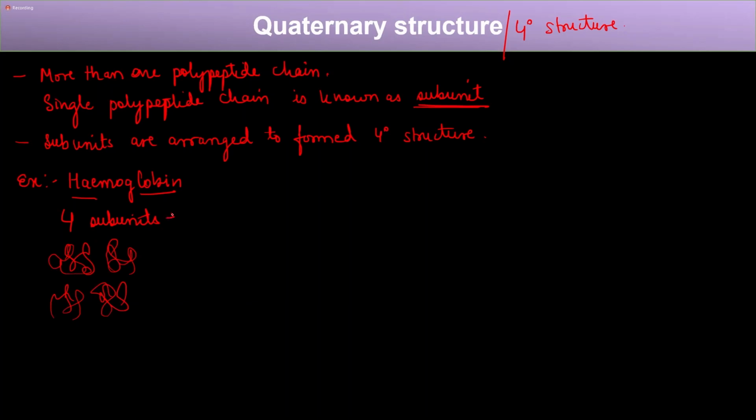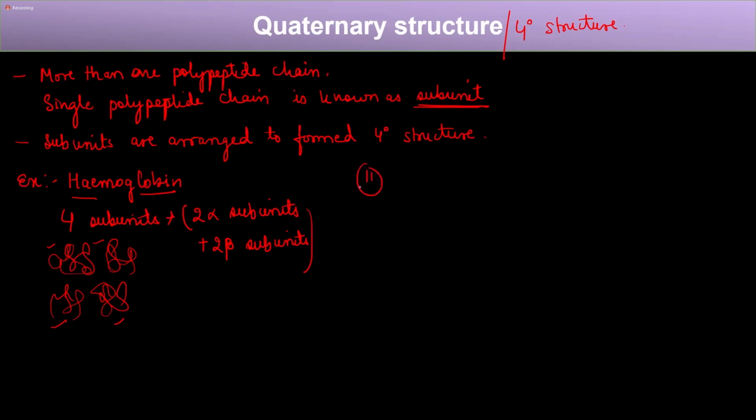Now, these 4 subunits are further named. Two of these subunits are called alpha subunits, and the other two are beta subunits. So it comprises 2 alpha subunits and 2 beta subunits.